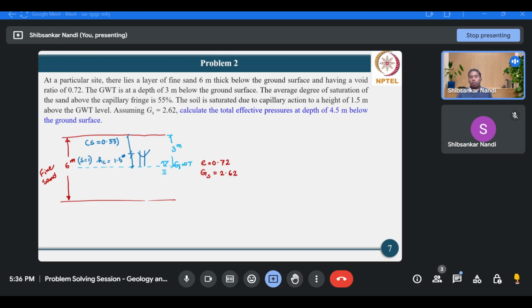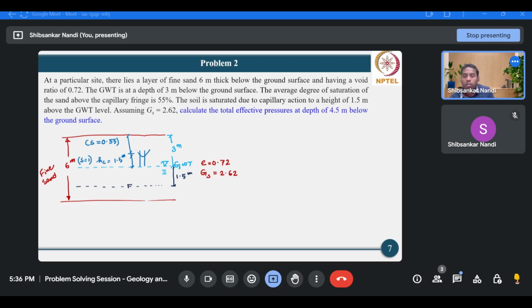And at what location do we have to calculate the effective pressure? We have to calculate it at a depth of 4.5 meter below the ground surface. So this is 3 meter, so we have to go down by 1.5 meter.